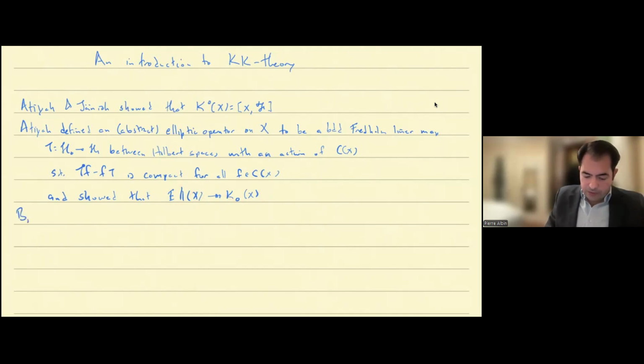This was solved by two groups, Brown, Douglas, Fillmore, and independently Kasparov.